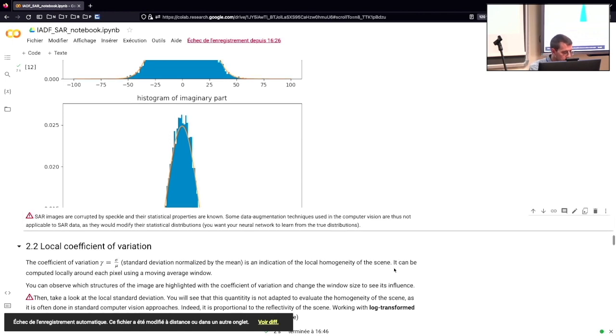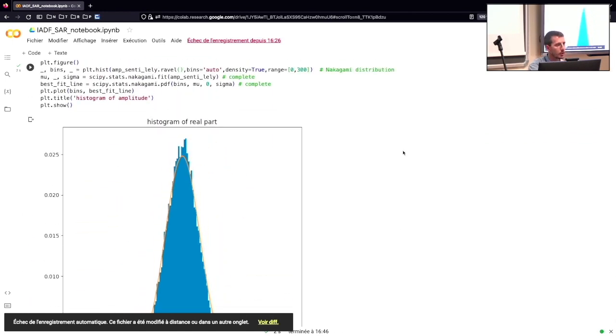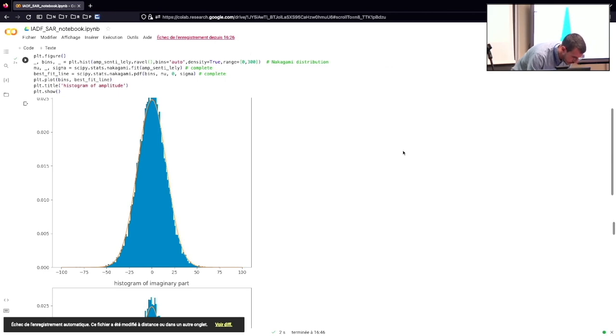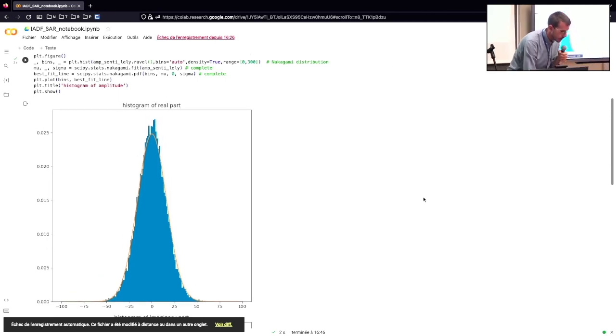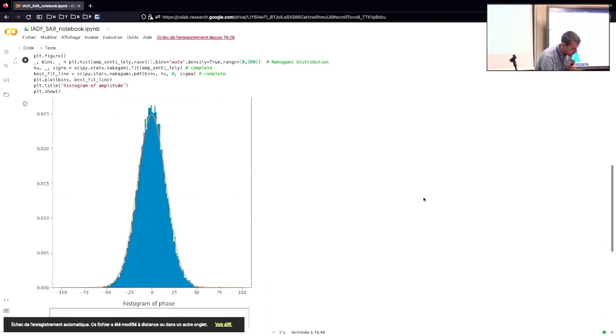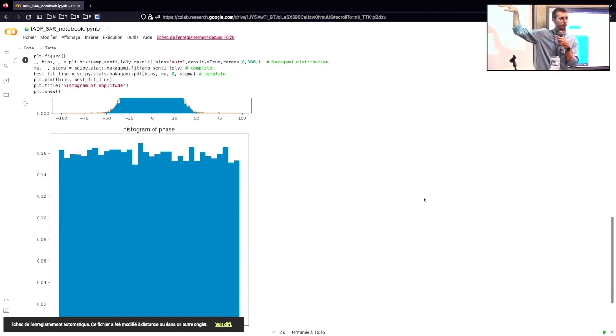So we're just going to have a quick look at the histograms, and then I'll come back to the code so that you can see how it is done in case if needed. So here we have the histogram of the real part, and we see that the Gaussian distribution fits pretty well. The same for the imaginary part. Then we have the phase, and we can see that it is pretty uniformly distributed.